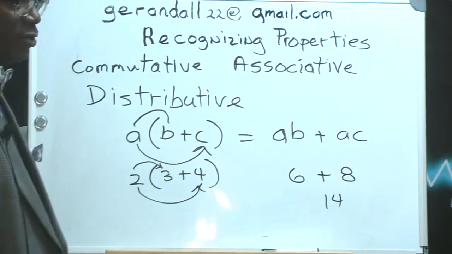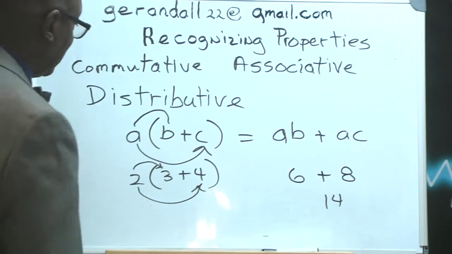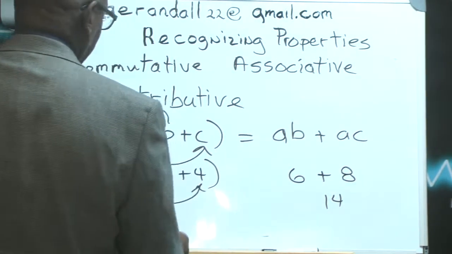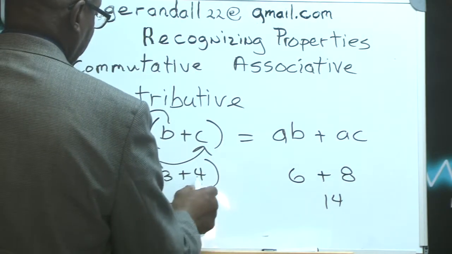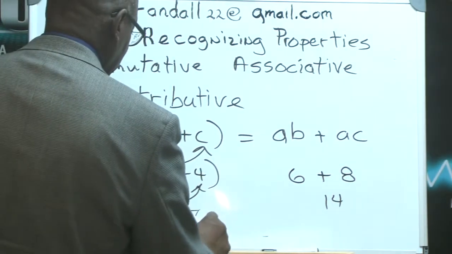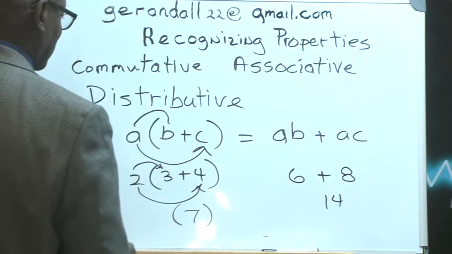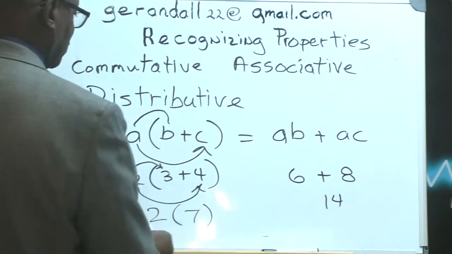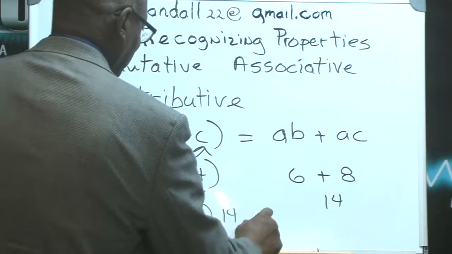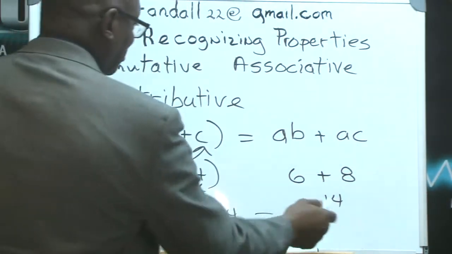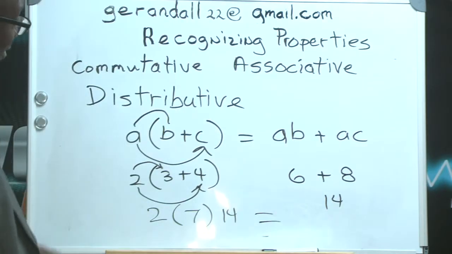Now what I told you, and please excuse my dear Aunt Sally, parentheses first, please. 3 plus 4 is 7, and it's in parentheses, times 2. What's 2 times 7? 14. 14 equals 14, and I'm excited.